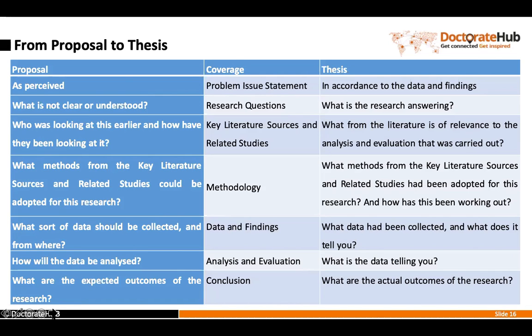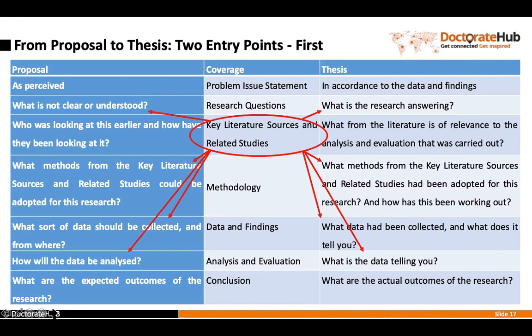Okay, let's move into the next slide. Now, there are two entry points into the proposal, or from proposal to thesis. The first entry point is the literature. So one starts with key literature sources and related studies to try to build up the knowledge from that end. This works out very well, and it works out very well for a very long time.